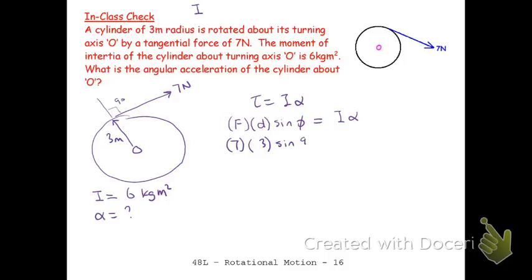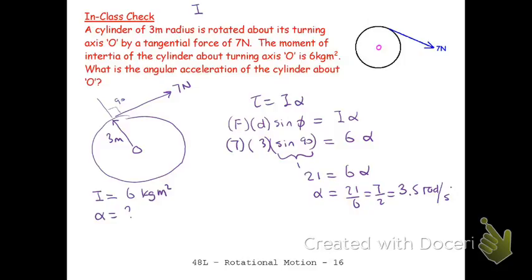So that's going to be sine 90, is equal to 6 times alpha. Sine of 90 is equal to 1. So that's 21 is equal to 6 alpha. So alpha is equal to 21 over 6, which equals 7 over 2, which equals 3.5. And the units are going to be radians per second squared.